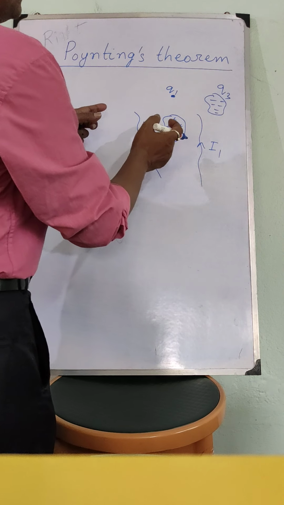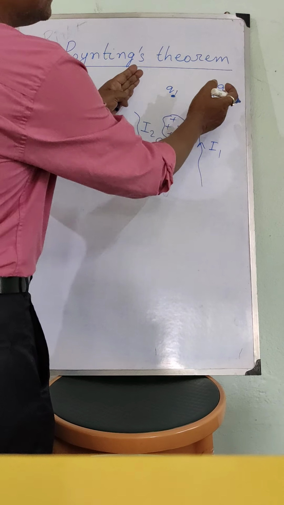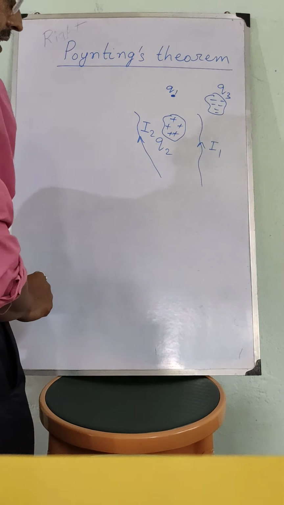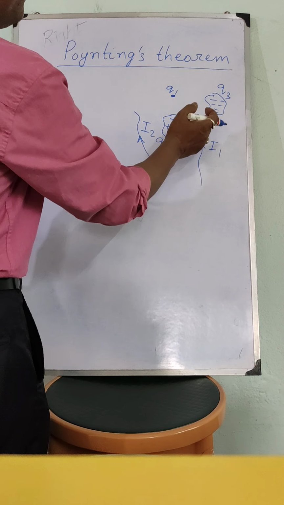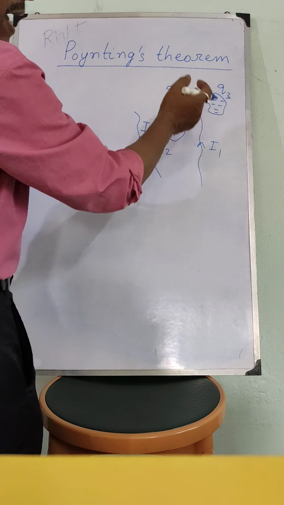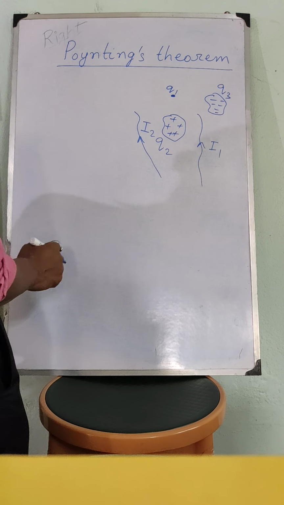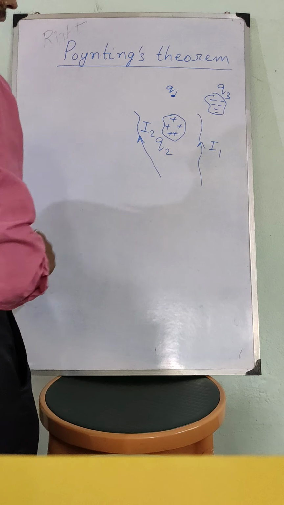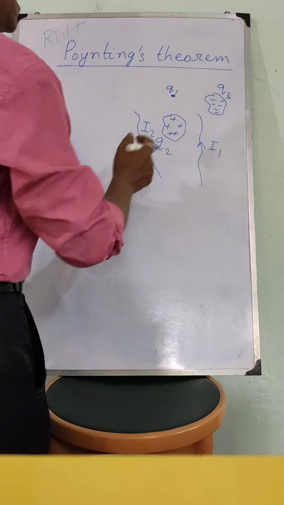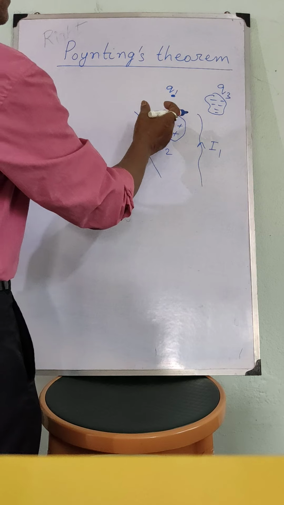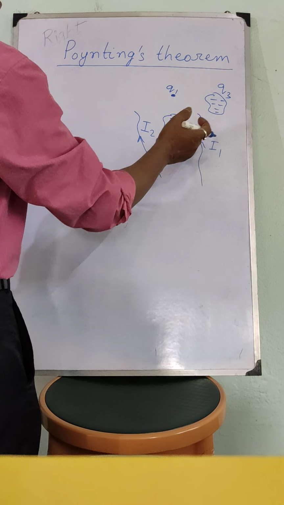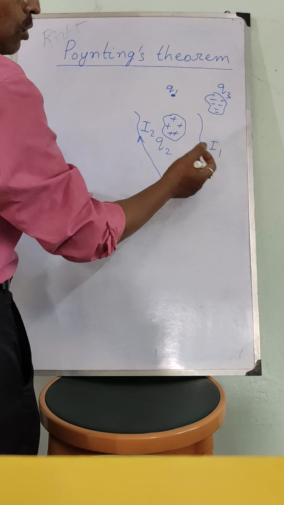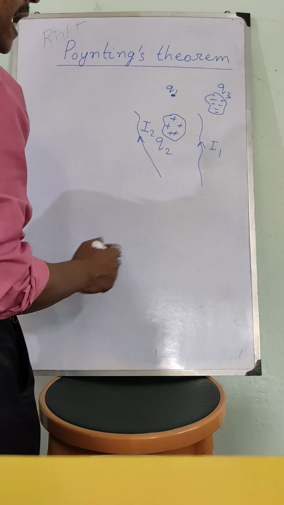Now suppose at time t, this is our charge and current distribution in a certain region of space. So we will have both electric field and magnetic field in this region. So in total we may say that we have electromagnetic field in this region at time t, because the charges may be moving, so the electromagnetic field will also change, and charge distribution and current distribution also may change with respect to time.